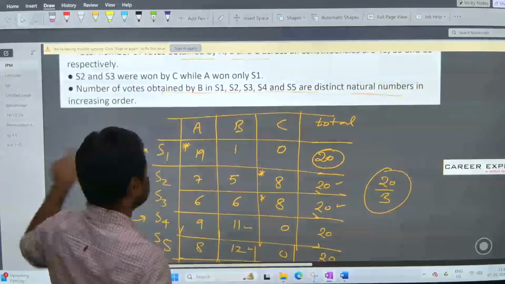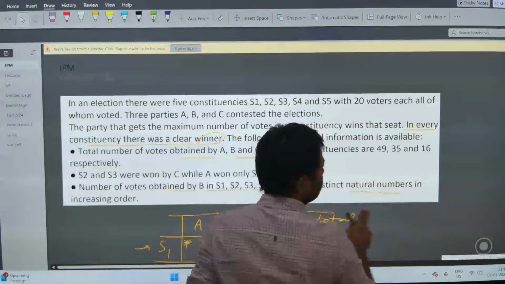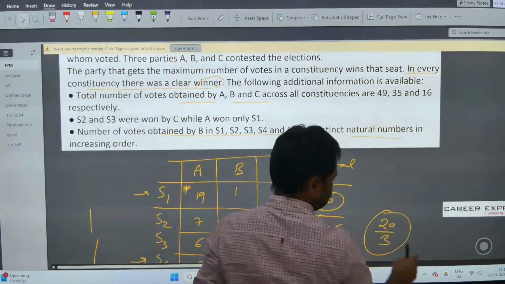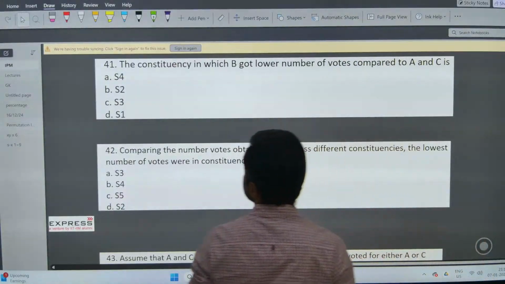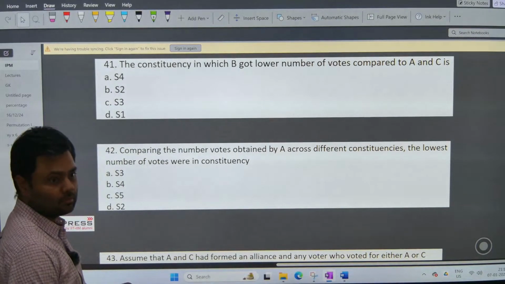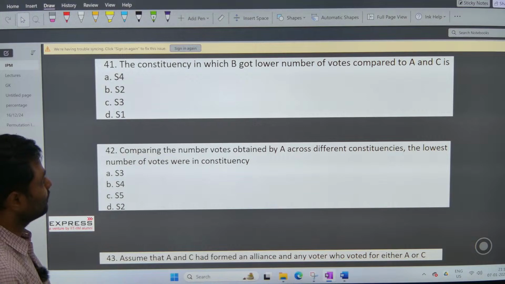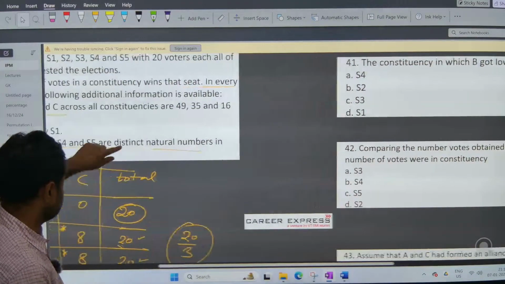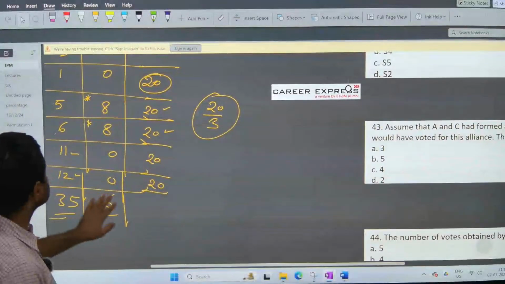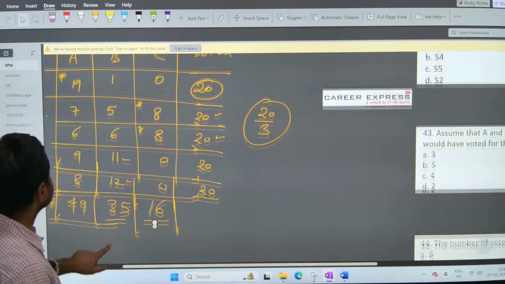So the first question is, the constituency in which B got lower number of votes compared to A and C. So this is our table.